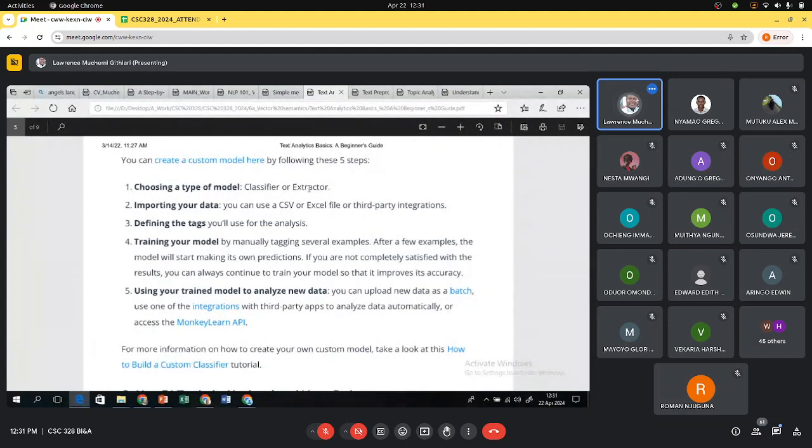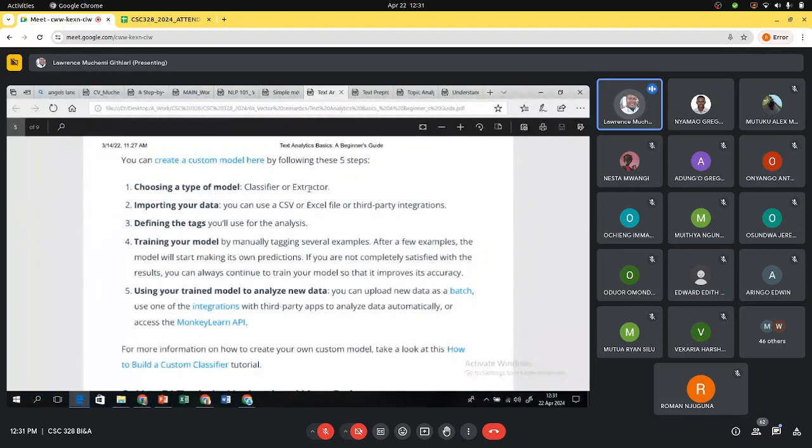Or a classifier that can do classification for pre-existing classes. I'm not sure whether they have a clustering model, but they ought to have one. Then you import your data, using your Excel or CSV. Then you define the tags. And then you train your model.